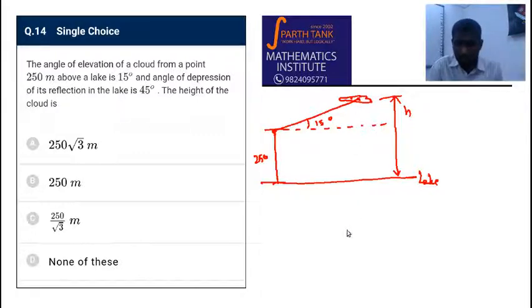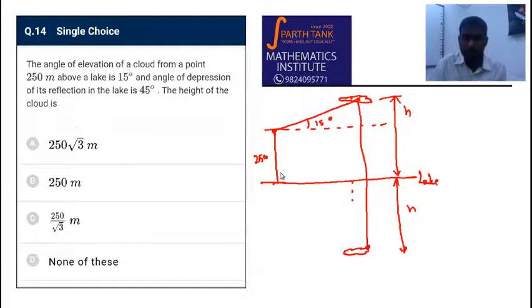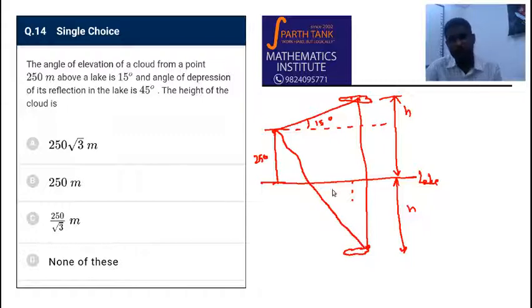Now this will have a reflection somewhere here. The distance of that reflection also is h from the surface, right? So the whole thing is like 2h. Now they said that the angle of depression of the reflection is 45 degrees.